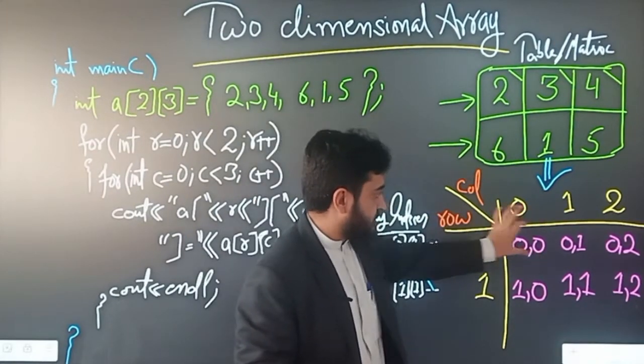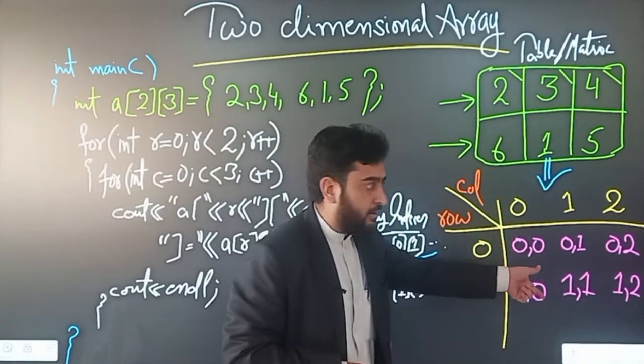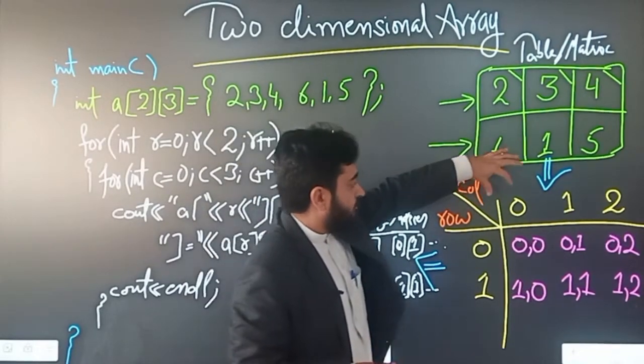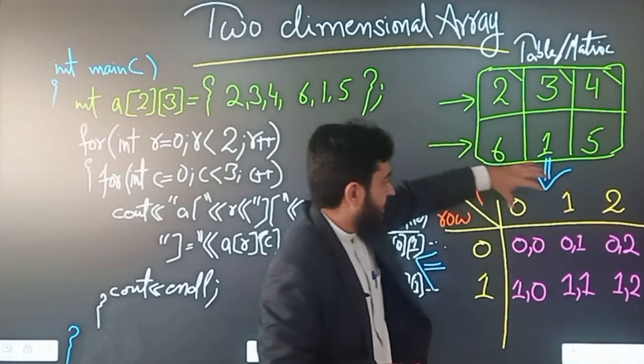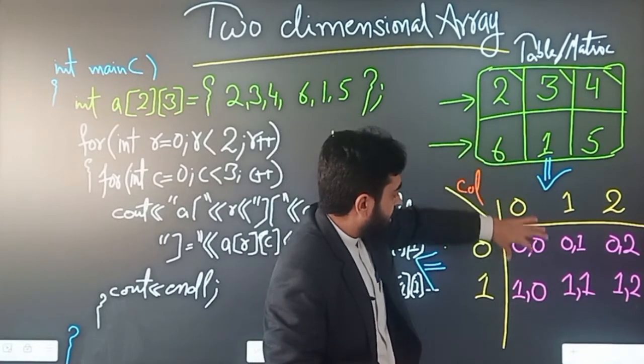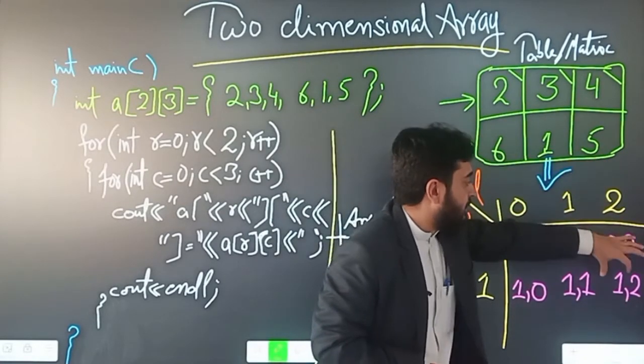So row number 0 and row 1. In a similar way we have three columns: column 0, column 1 and column 2.